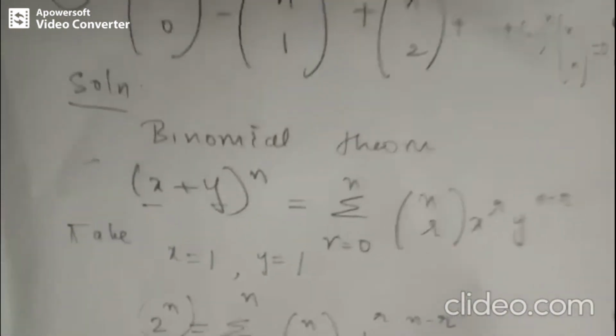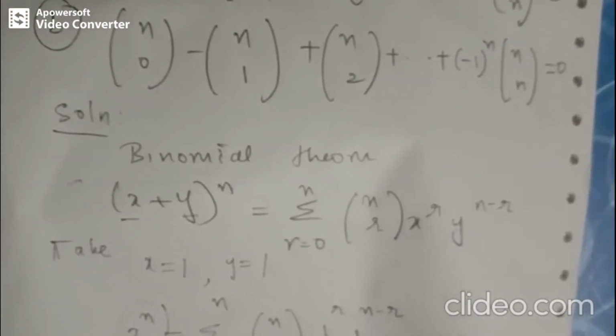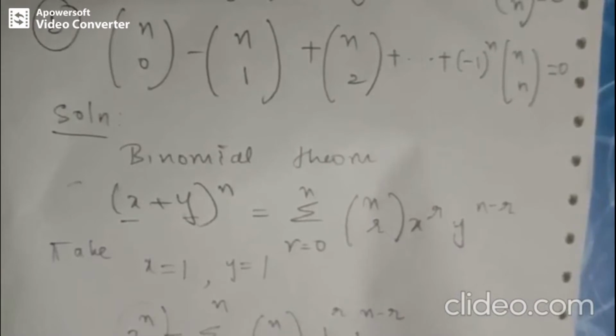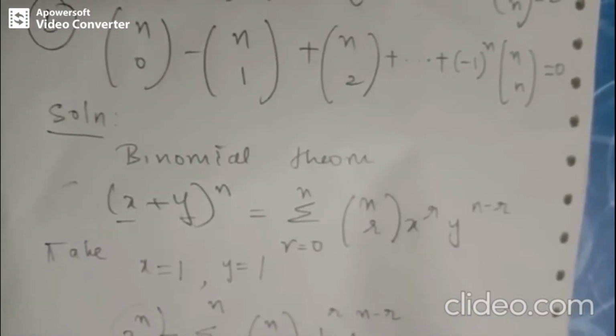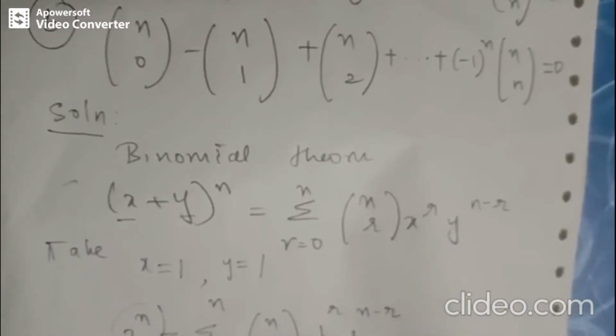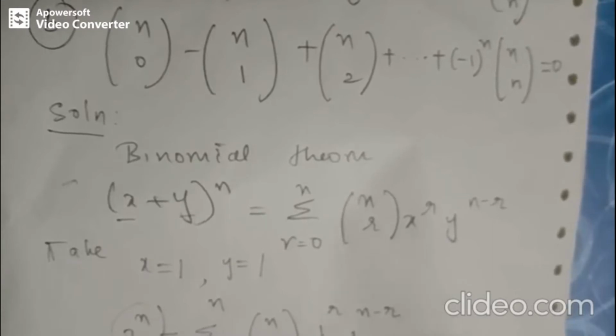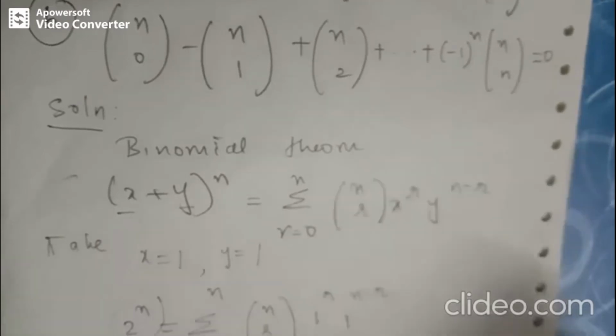So you get 0 is equal to this entire term. Just verify you have got the same thing. nC0 minus nC1 plus nC2 and so on, plus minus 1 raised to n, nCn is 0. This is how we can prove the respective identities.